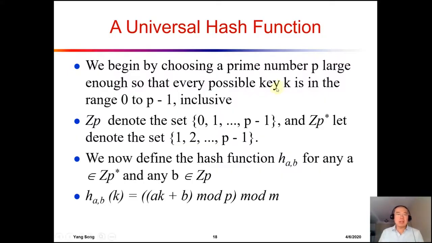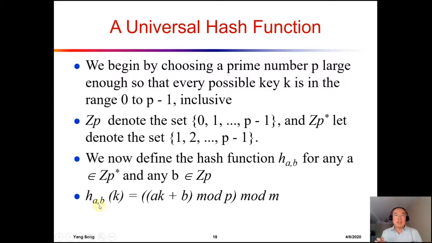I believe 103 is a prime number. Okay, and then we define two sets of numbers. Zp will be all the natural numbers lower than p, so from 0 to p minus 1. And Zp star is the non-zero natural numbers which are lower than p, so from 1 to p minus 1. After defining that, we can define a hash function called h_ab.